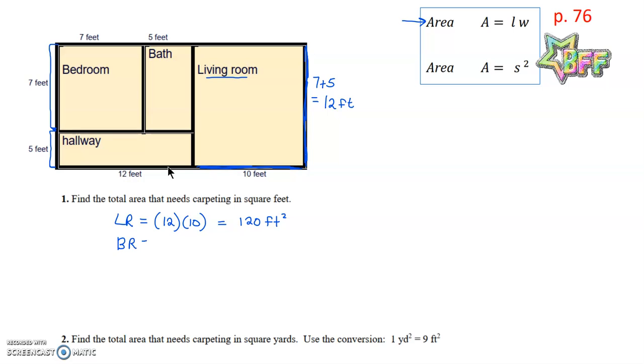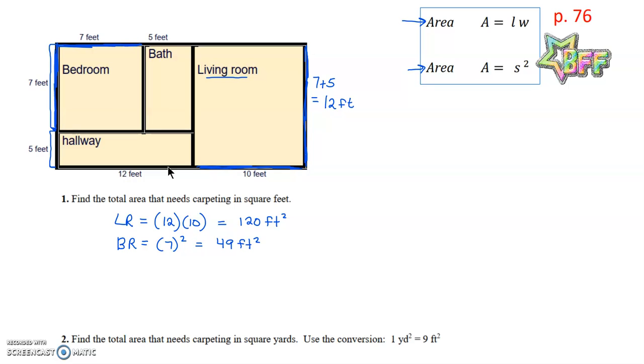So for the bedroom, we have 7 on the one side and 7 on the other side. So we can multiply 7 times 7, which is really squaring the 7, right? So we can do 7 squared, or 7 times 7, and that's going to give us 49 square feet.